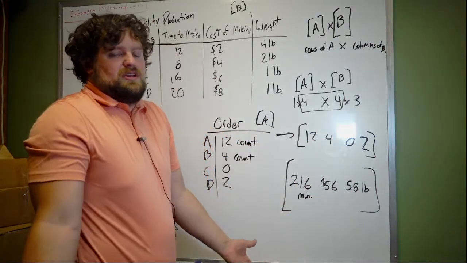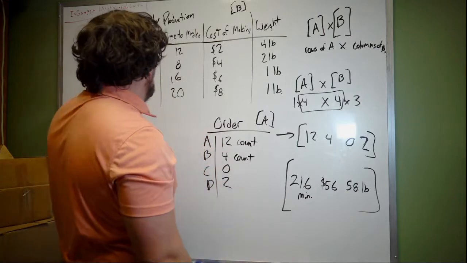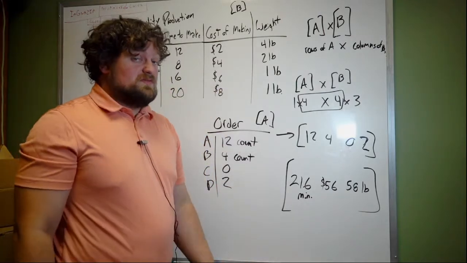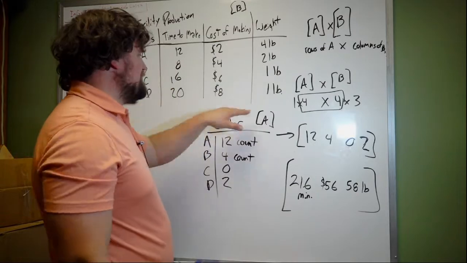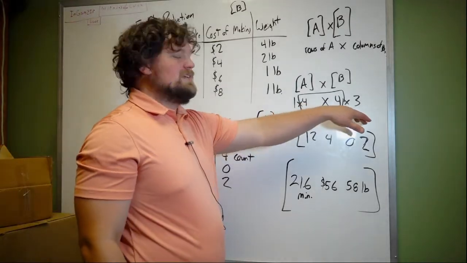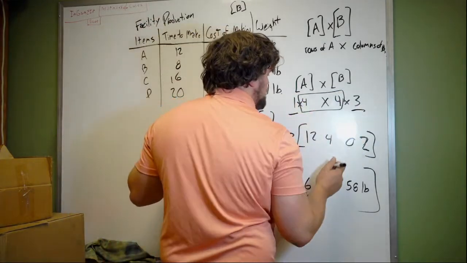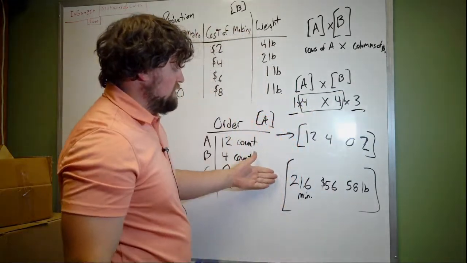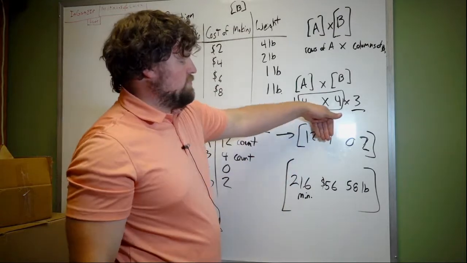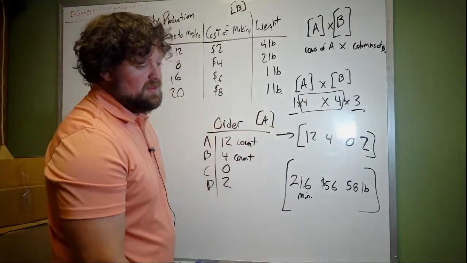We don't have 2 items of anything. No, now we have 2 items of D. We have to have that 4th column. The 4 by 4 has to be on the inside, and the resulting value is the 1 by 3 on the outside, which is why we end up with a 1 by 3 matrix as a result.